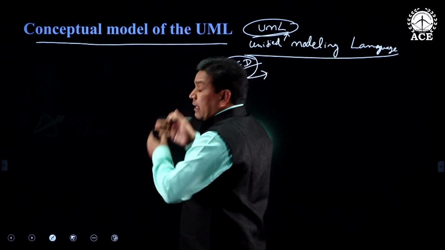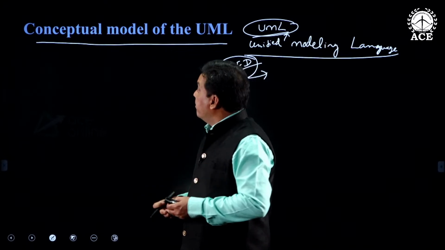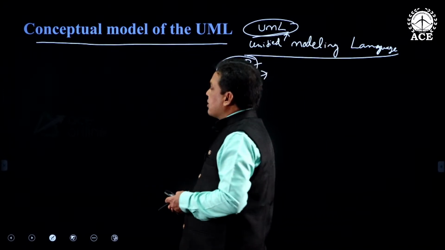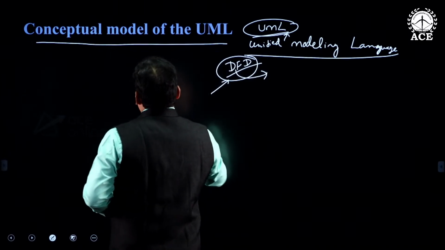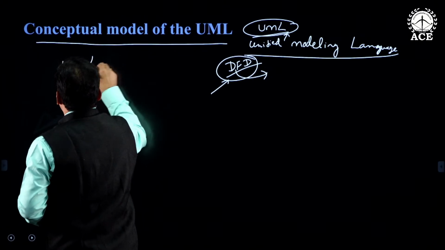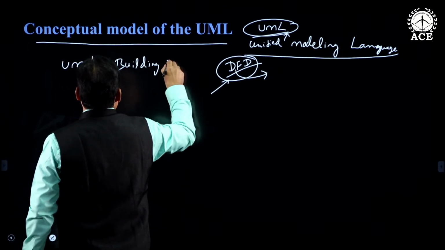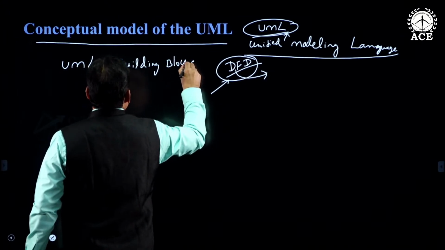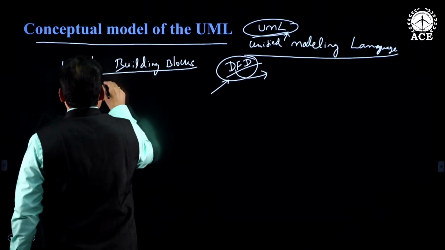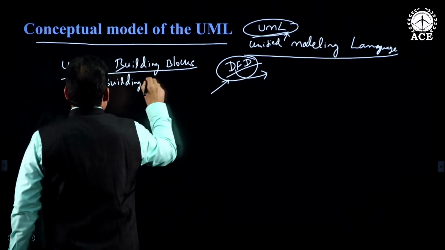To better understand UML, to build the conceptual model of the UML, three things are supposed to be understood. UML consists of building blocks, which we call UML building blocks. UML consists of three building blocks. What are those three building blocks?